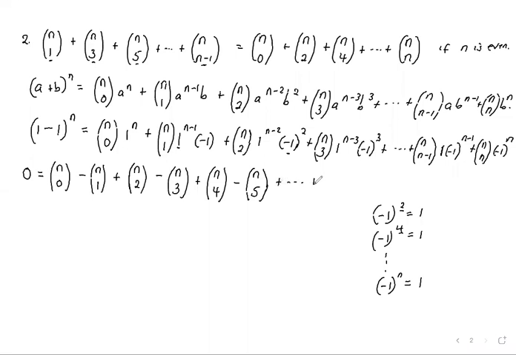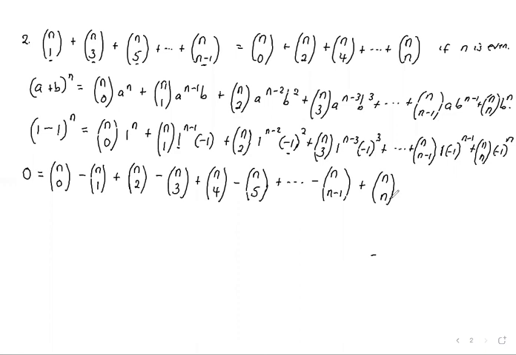You could keep going until you get to minus n choose n minus 1, plus n choose n, like this.